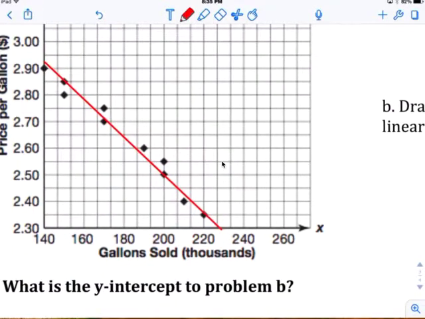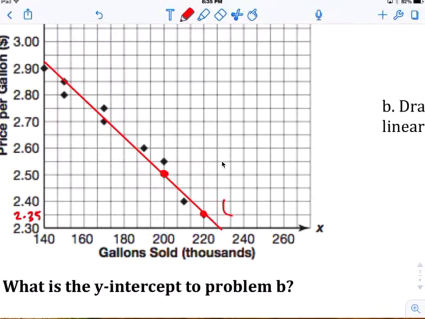So I'm going to choose this one, and that one's a good one, and this one right here, right? And it's counting by $2.35.